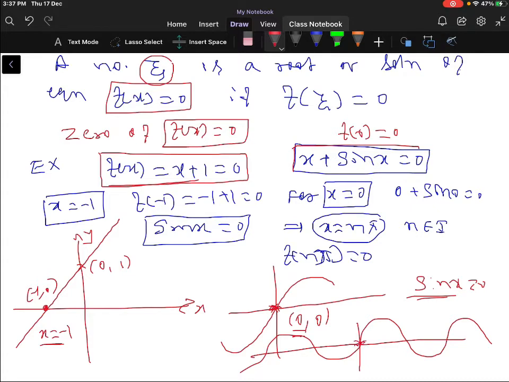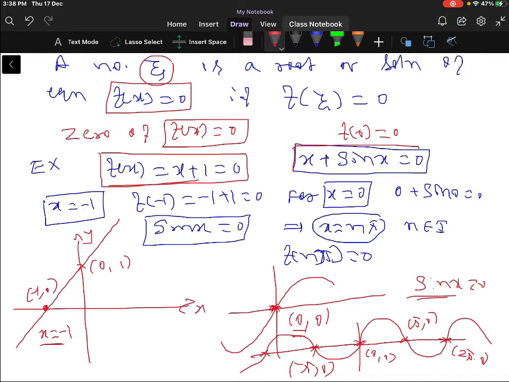Note these points: x is equal to 0, x is equal to pi, x is equal to 2 pi, minus 2 pi. So f of x is 0. Here 0 comma 0, this is pi comma 0, this is 2 pi comma 0, this is minus pi comma 0, like this it goes. At the root, f of x always crosses the x-axis.